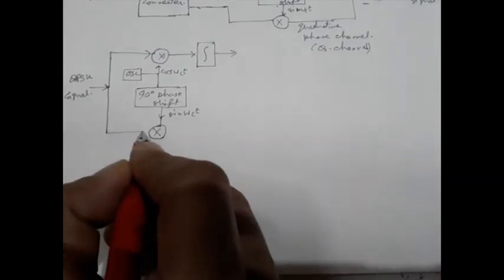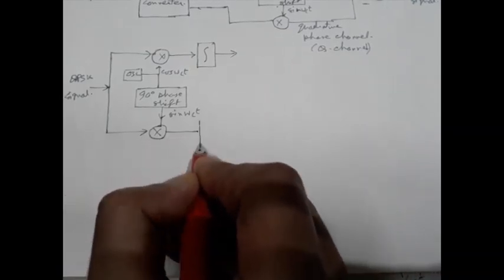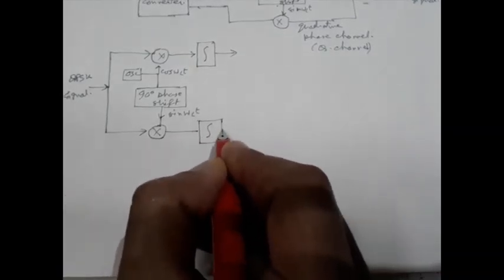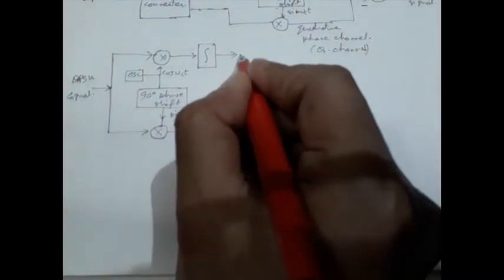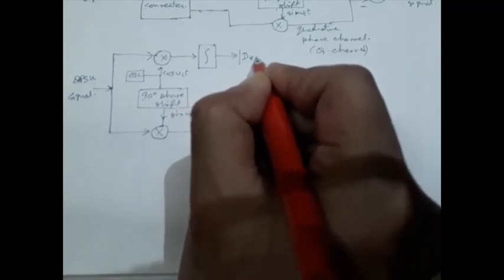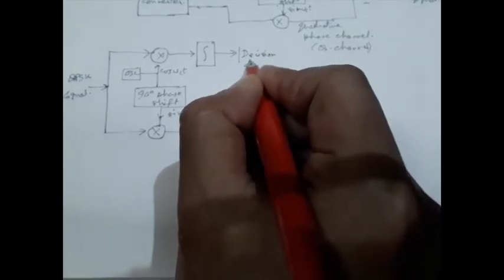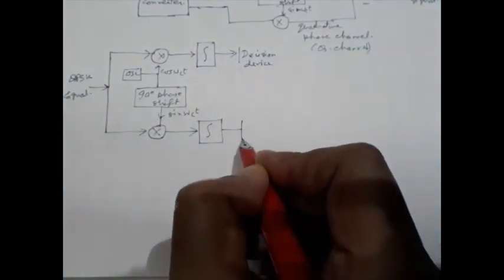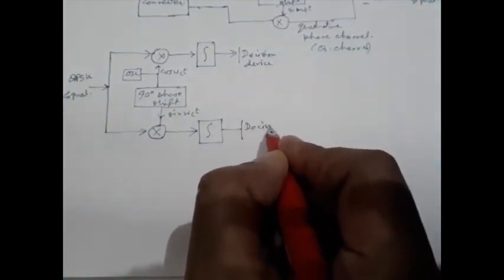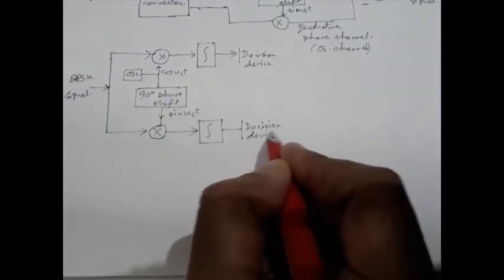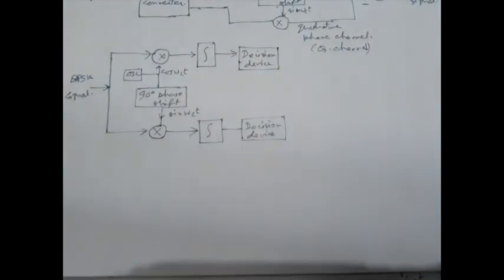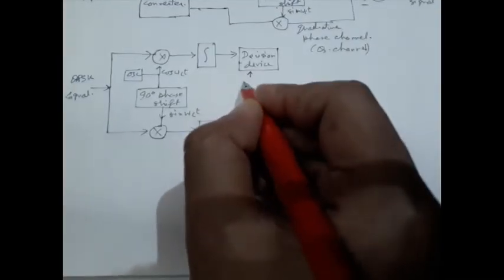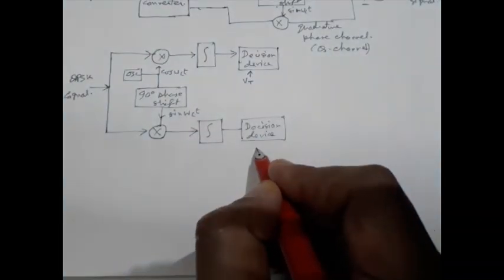Then we have a product modulator. The output will be passed through an integrator. So this one is a correlation receiver. Next we have a decision device for the I channel and for the Q channel. And we have to provide some threshold voltage for comparison purposes.